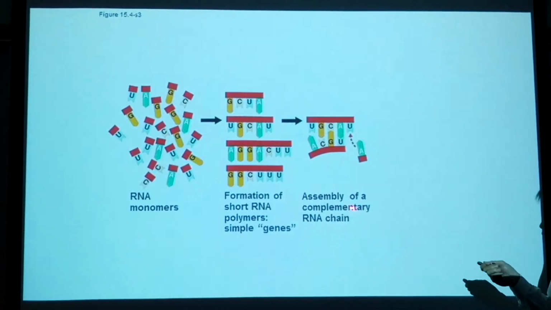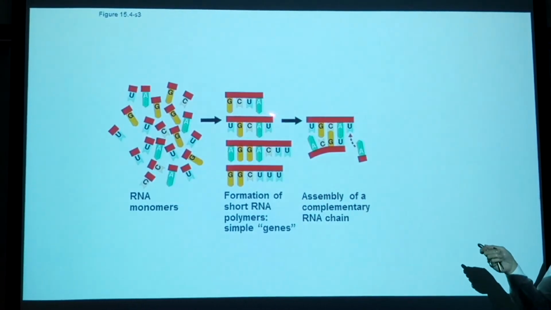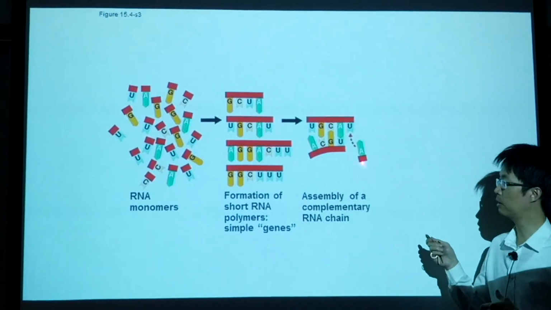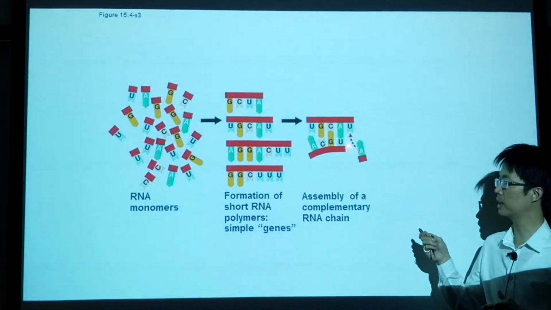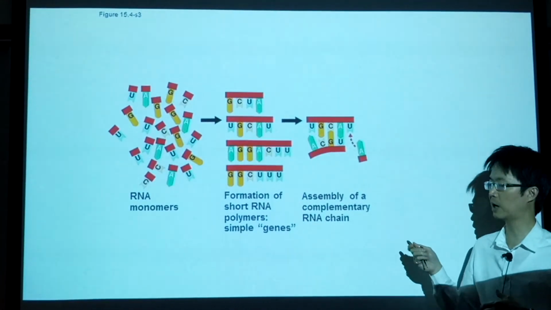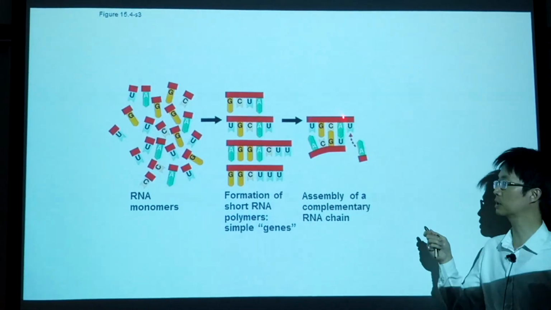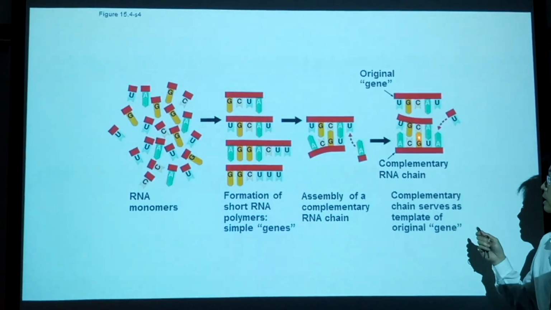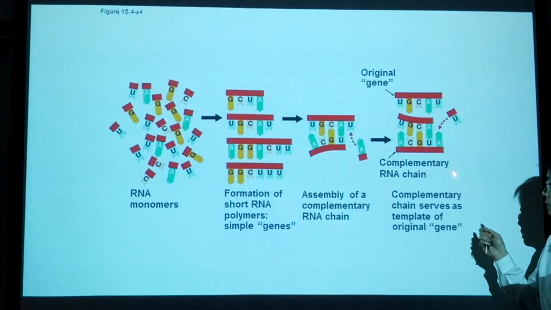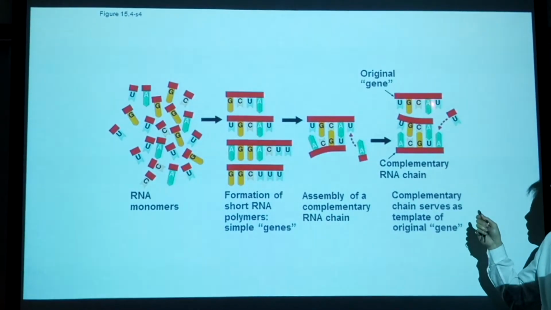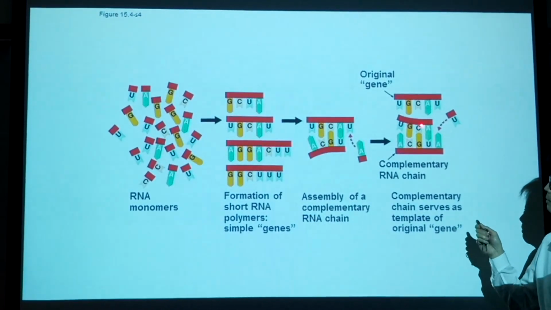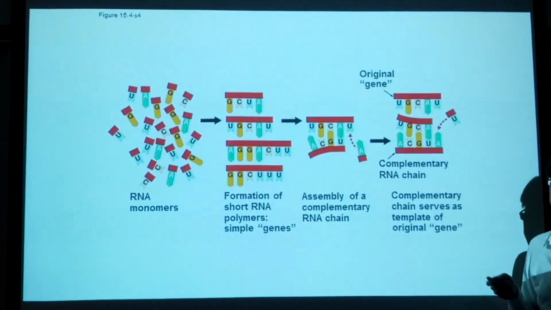And then after they form a simple gene, a single-stranded RNA, based on the base pairing rule, they can form a complementary strand of RNA chain, so that they will become a double-stranded molecule. Then after that, they can start to have the replication process. One serves as the original copy, and one serves as a template to start the replication process.